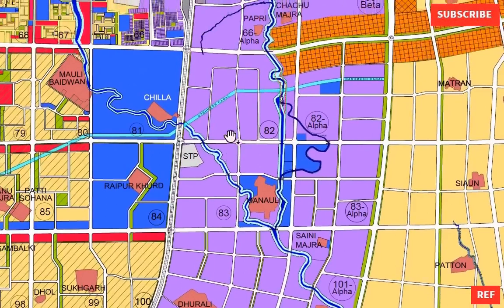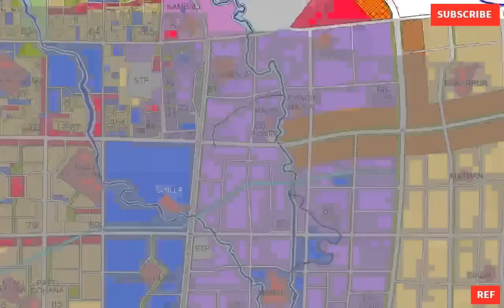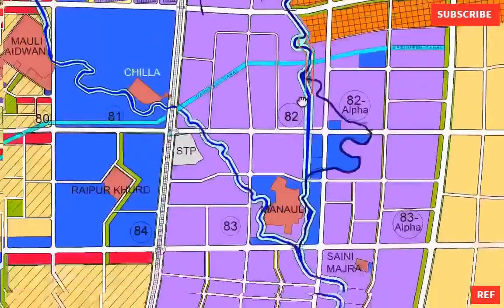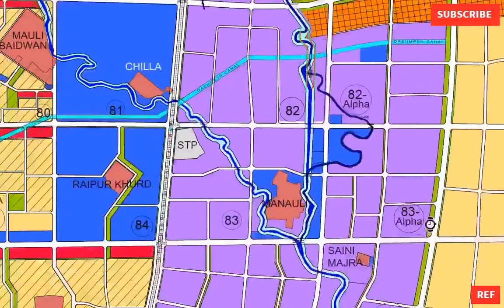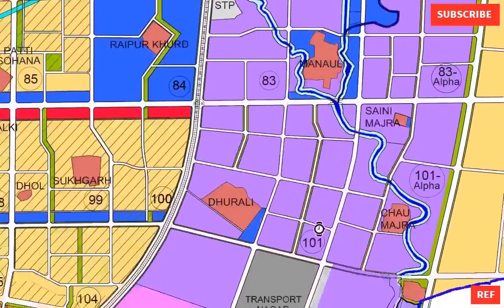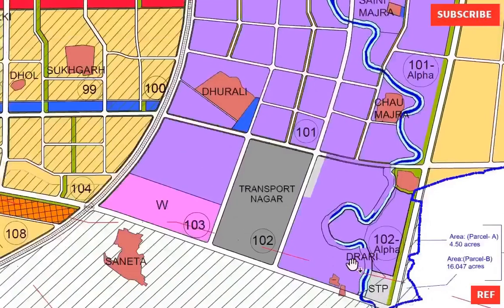We can see those areas in these sectors: sector 66 beta, 66 alpha, 82 alpha, 83 alpha, 101 alpha, 101, this 102 alpha.